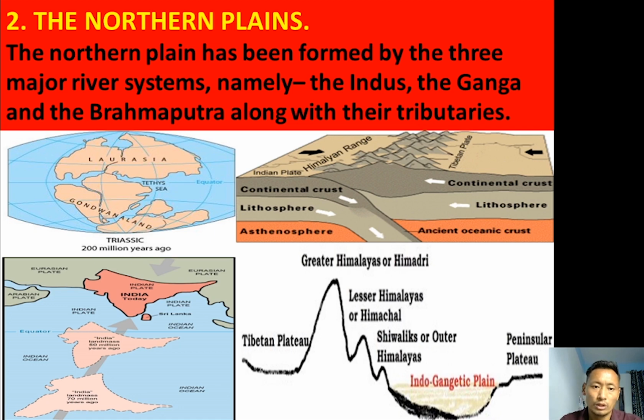After the disintegration of the supercontinent Pangaea into two big land masses, Laurasia, or Angaraland, and Gondwanaland, in between these two land masses we had a narrow sea called the Tethys Sea.